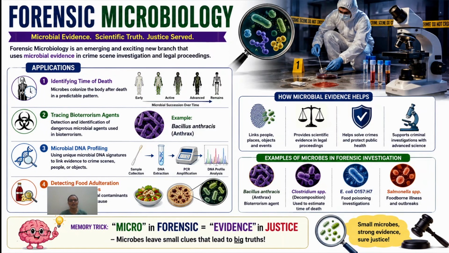In forensic microbiology, you can see it is an emerging and exciting new branch, using microbial evidence in crime scene investigation and legal procedures. By using microbes we can identify time of death, trace bioterrorism agents like Bacillus anthracis, do microbial DNA profiling using DNA sequencing of crime scene people or objects, and detect food adulteration and poisoning cases like Salmonella species, right?